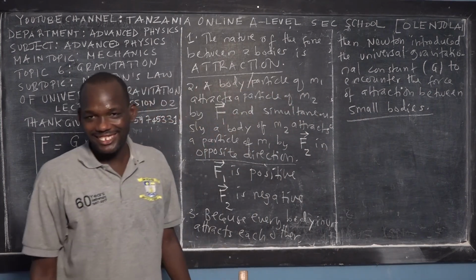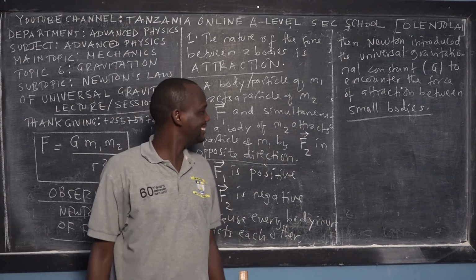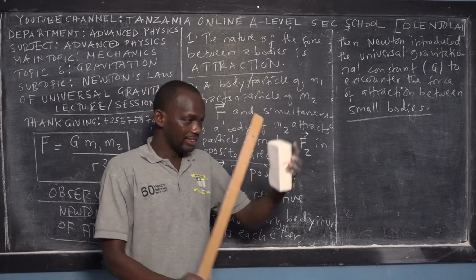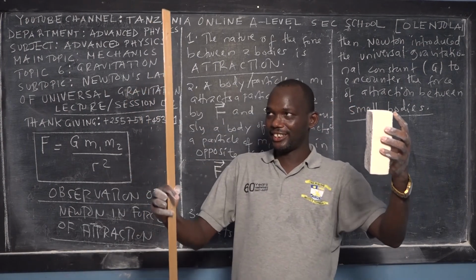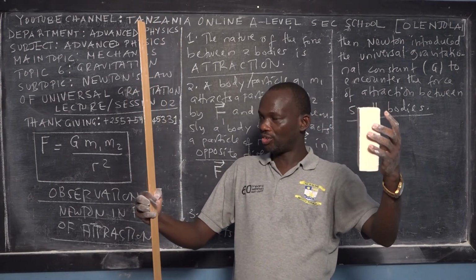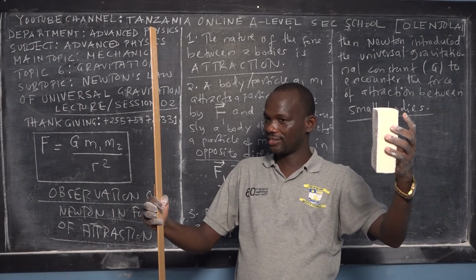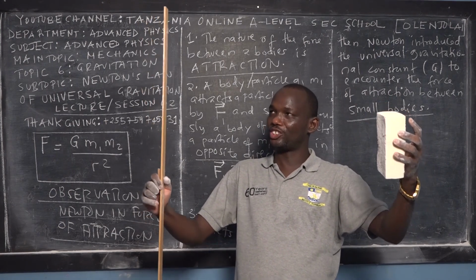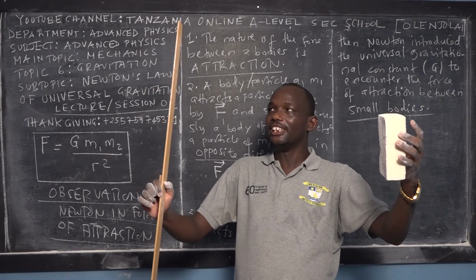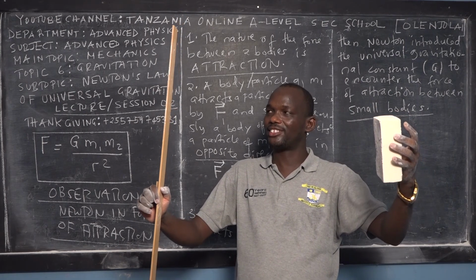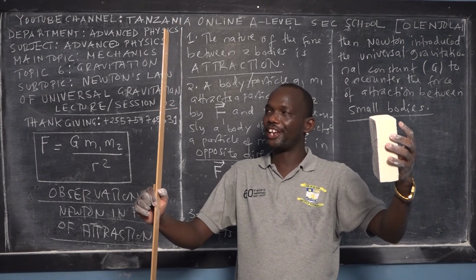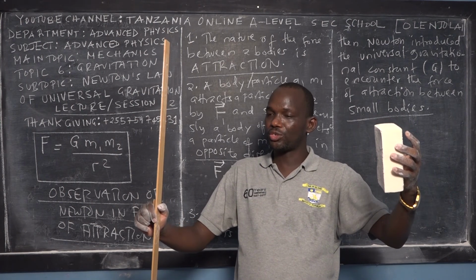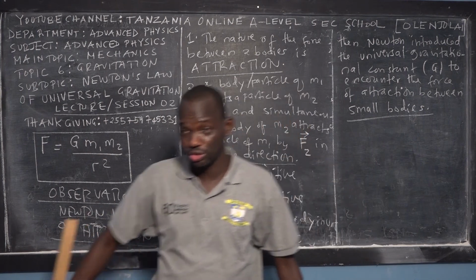So that's what Newton did. He said, this star is attracting this one, but these are small bodies; if you measure their masses, they are very small. In order to encounter the force of attraction between these two small bodies, Newton did a lot of experiments and finally said, okay, I know how to answer these questions. Then he introduced the gravitational constant in the mathematical equation.